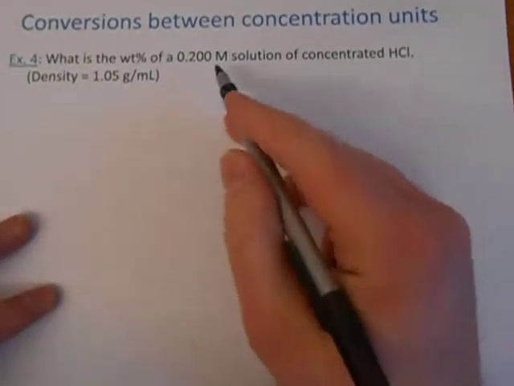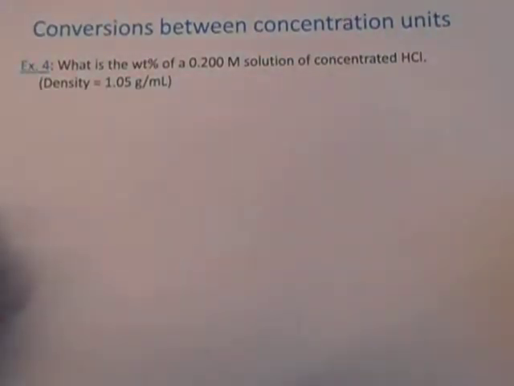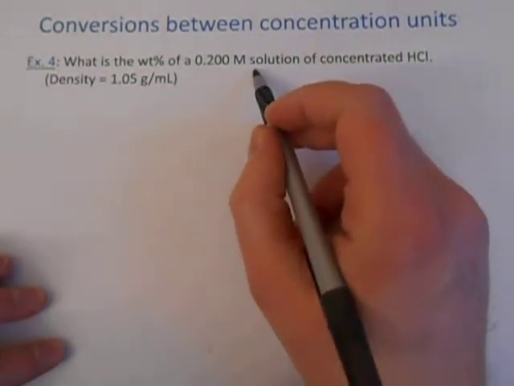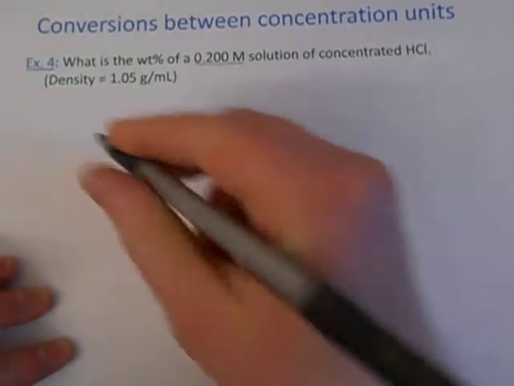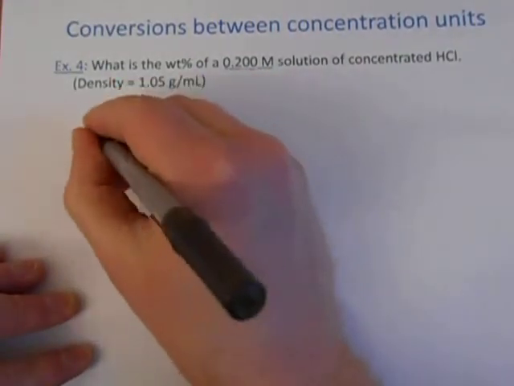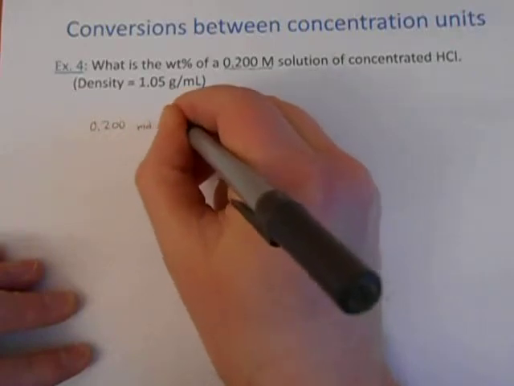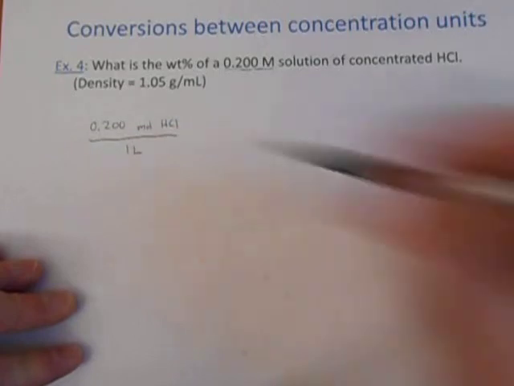What's the weight percent of a 0.2 molar solution of concentrated HCl? So again, if we start out writing our original quantity as a ratio, that would give us 0.2 moles of HCl per 1 liter, because molarity is moles per liter.